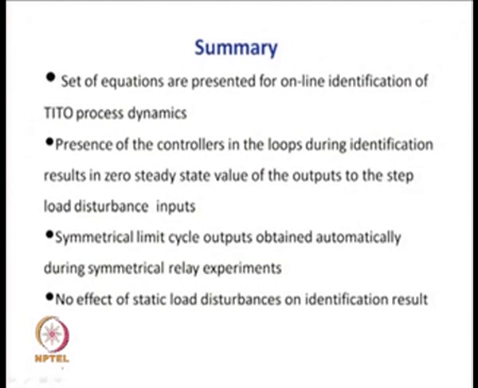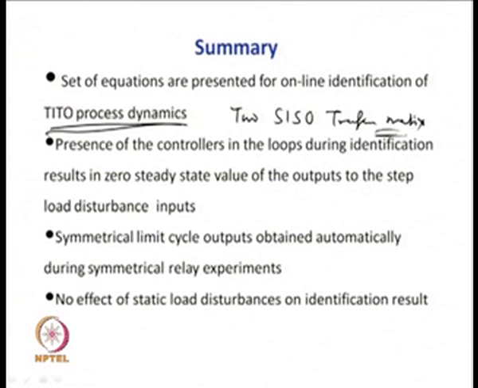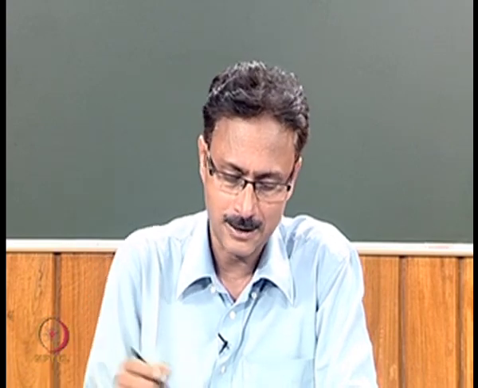So, what we have studied here is a set of analytical expressions for online identification of the TITO process dynamics. Two SISO transfer function models, that is, a transfer matrix, are obtained. The presence of the controllers in the loops ensures that static load disturbances do not affect the system outputs or the sustained limit cycle oscillatory outputs.